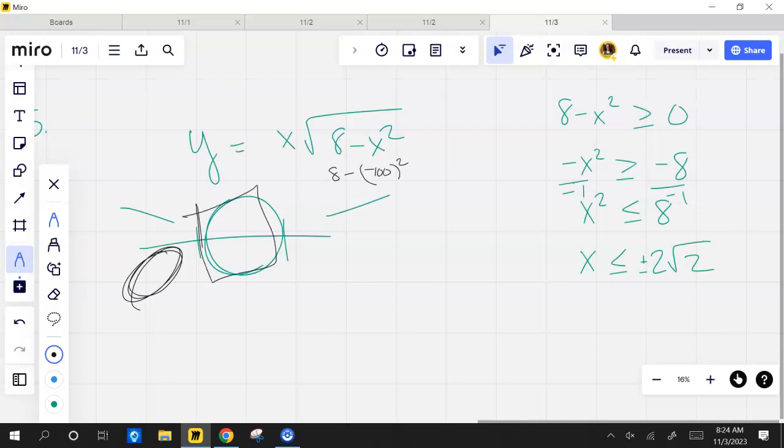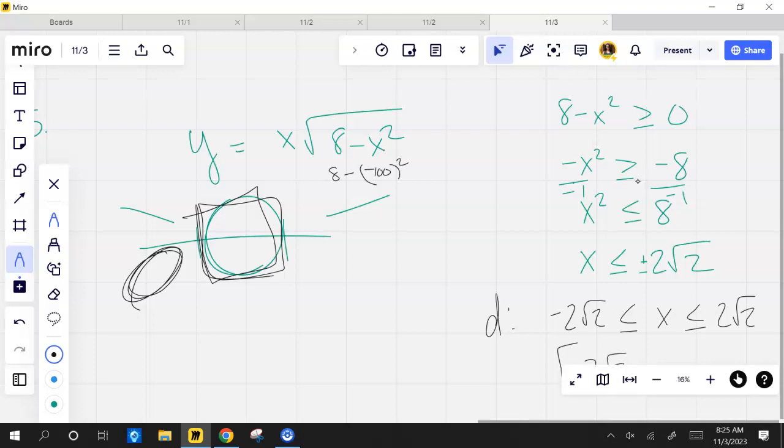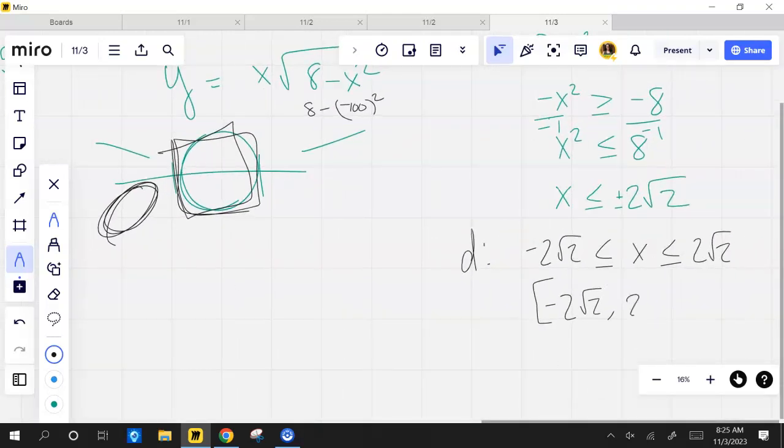So I'm going to be in the middle, so my domain on this one is going to be from -2 root 2 to 2 root 2.